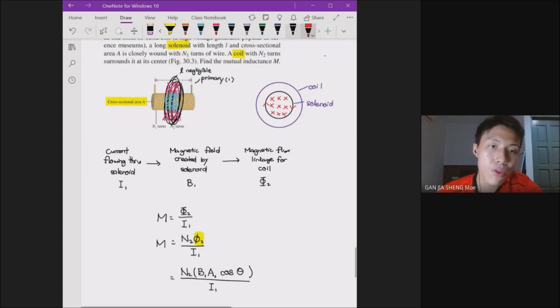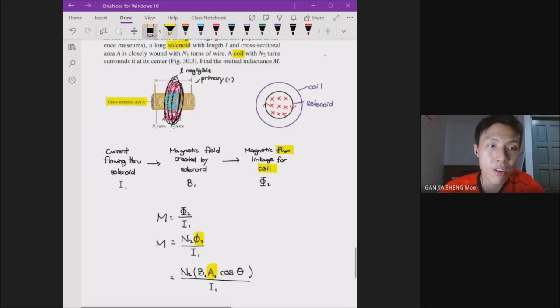But now you are calculating the magnetic flux linkage for the coil, and the coil has such a big area. When you substitute in the area over here, you are substituting the area of the coil that has magnetic field passing through it.